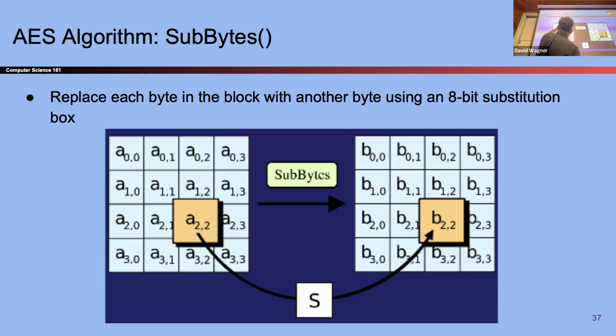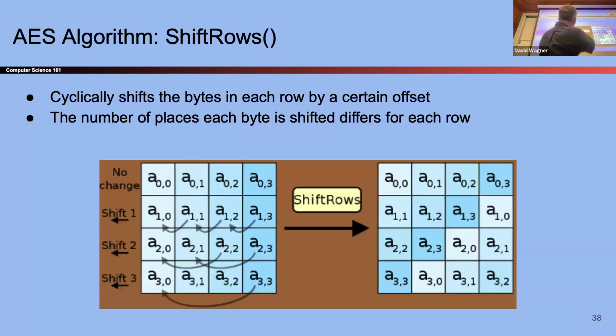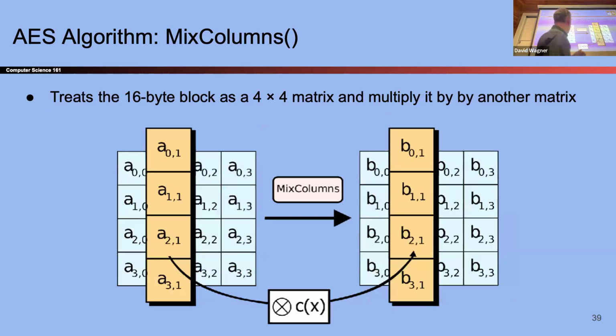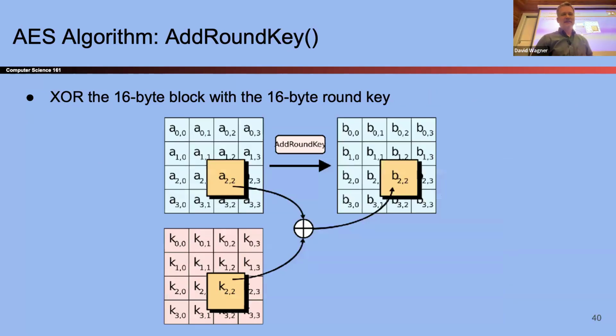So if the byte value in the upper left was 3, then we look up entry 3 in that table and replace the 3 with whatever the table says 3 maps to. And then we rotate around the rows a little bit, and then we do some matrix math on each column, which kind of mixes up data within the column. And then we XOR each one of these bytes with some key material, and we keep repeating this.